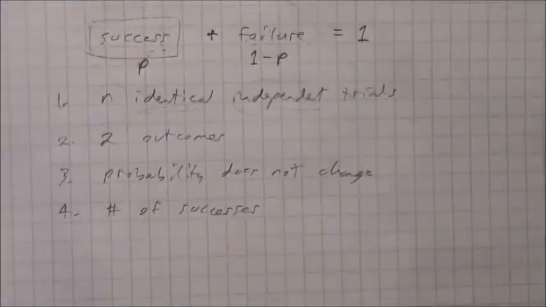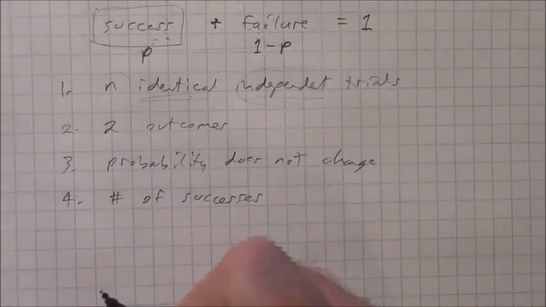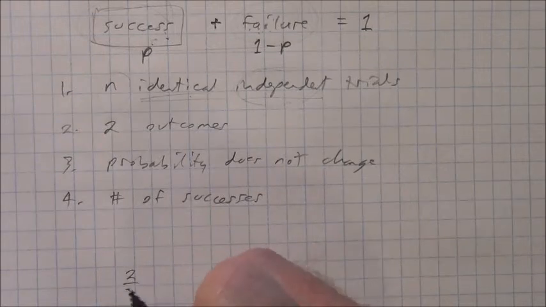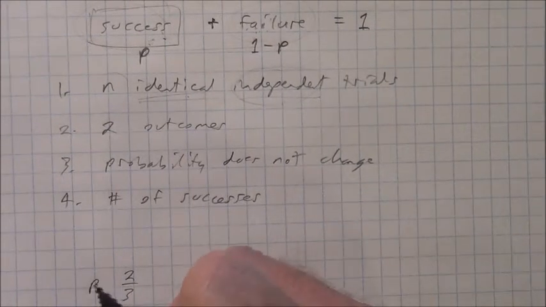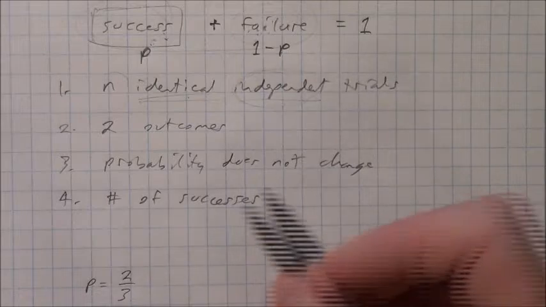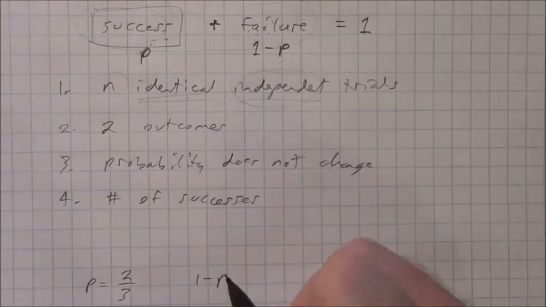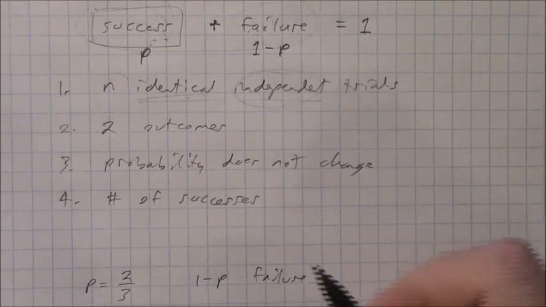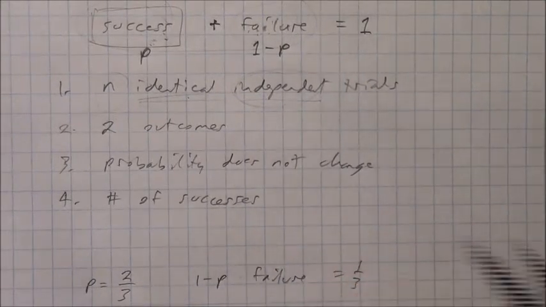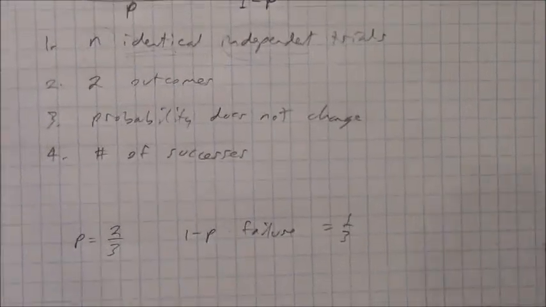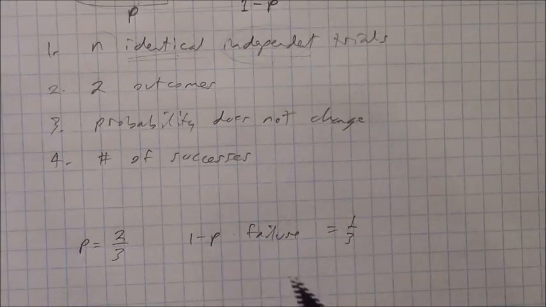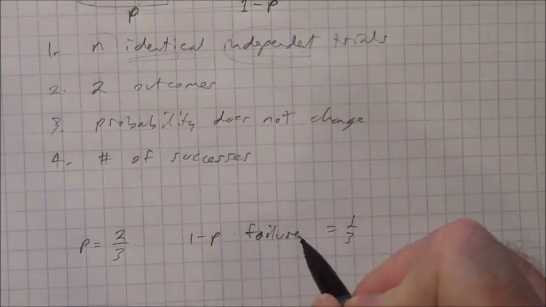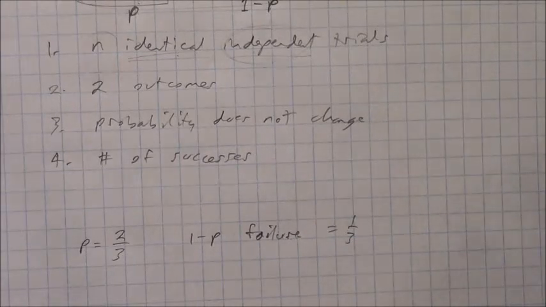So let's say, for example, the probability of some sort of success is, say, 2/3. So that's our P. Then, obviously, the failure would be 1 minus P. Therefore, the failure would be 1/3, because it's 1 minus the 2/3. Okay, so that's how we're going to be setting up the calculations for the successes and failures.